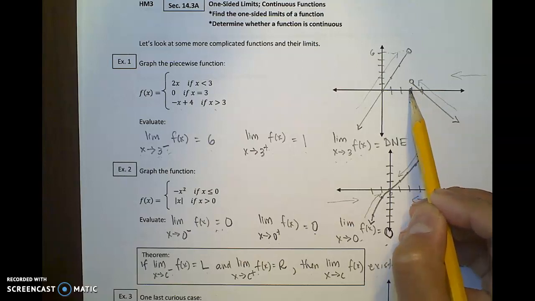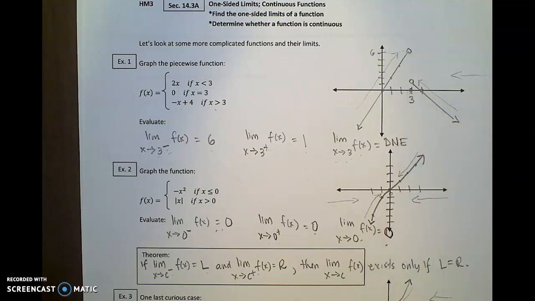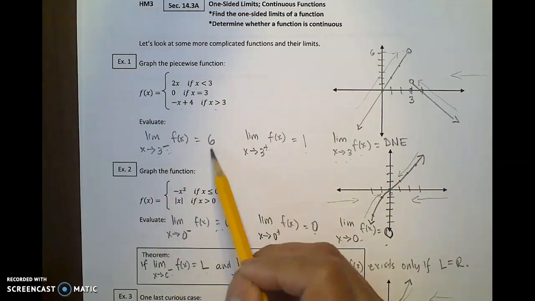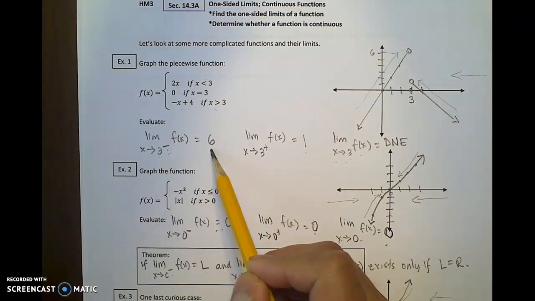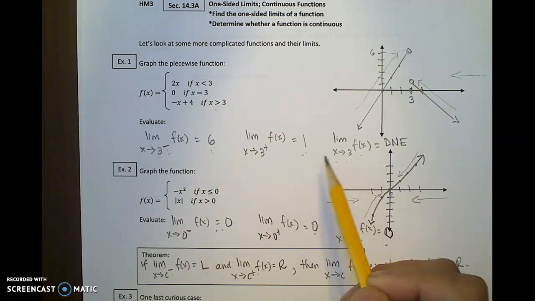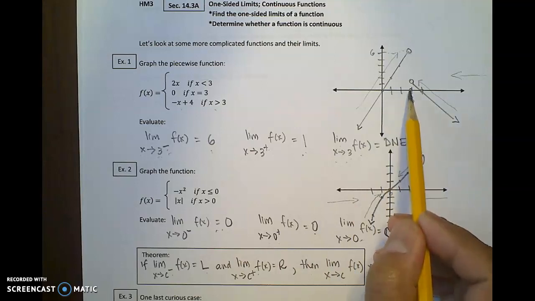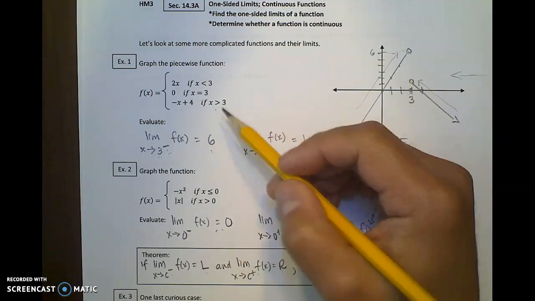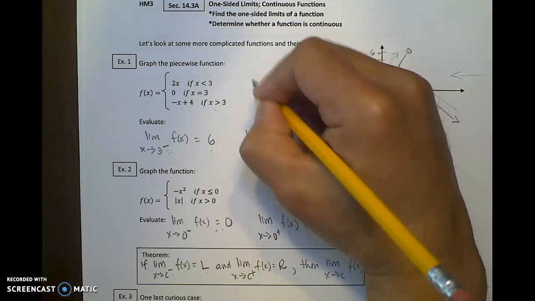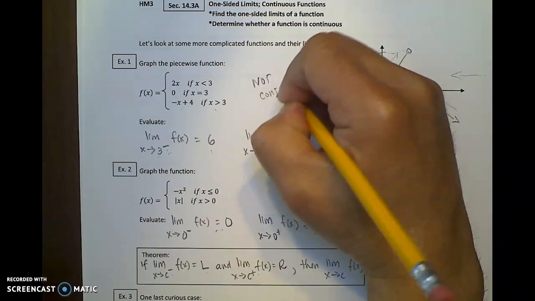So requirement number 1 is satisfied. Requirement number 2 is that the limit as x approaches c from the left is that output. Coming in from the left, it is 6. Coming in from the right, it's 1. Because it does not equal that output of 3, this function is not continuous.